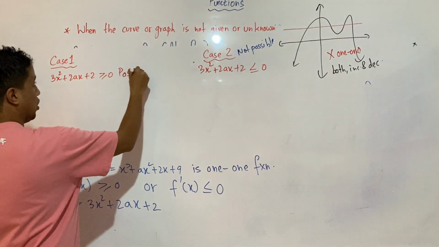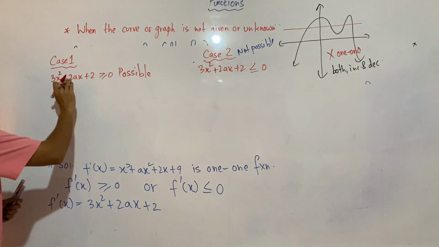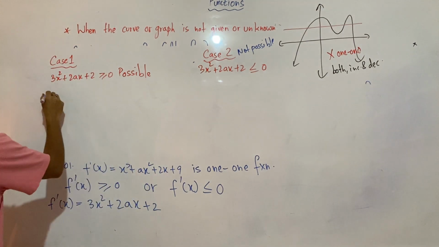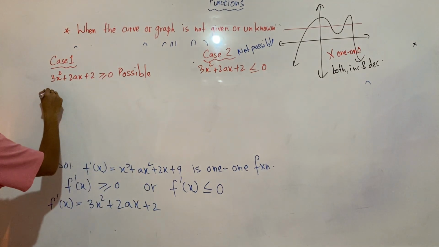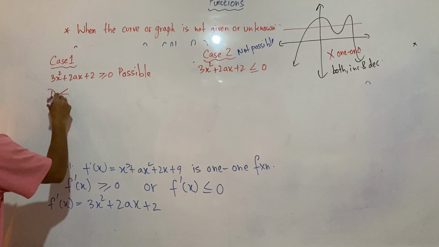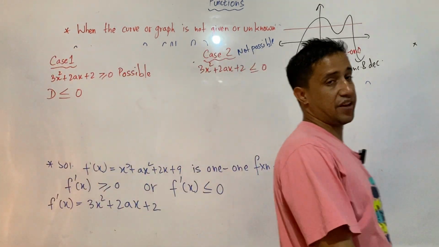Now what does it mean? Your quadratic expression is going to be greater than or equal to 0 only when your D is less than or equal to 0, right? I hope you understand now.